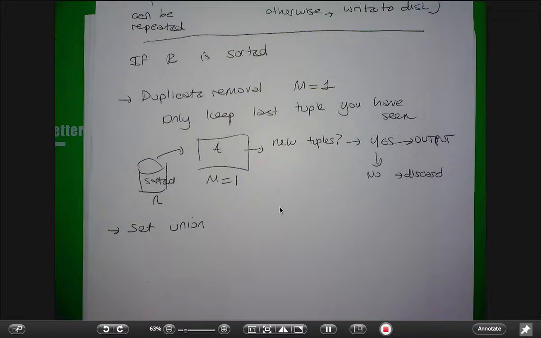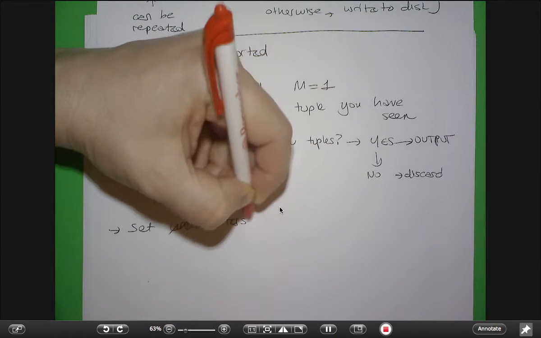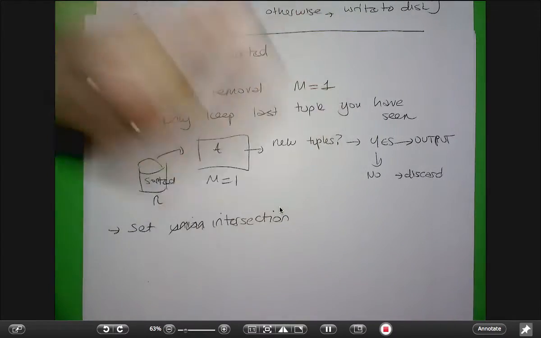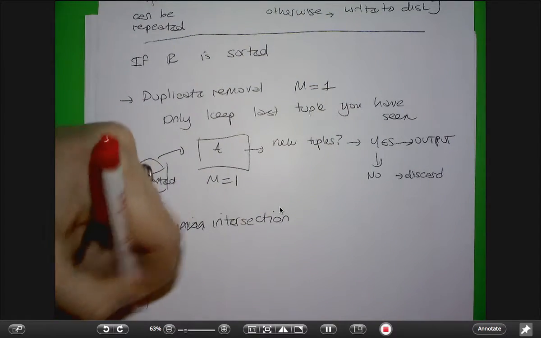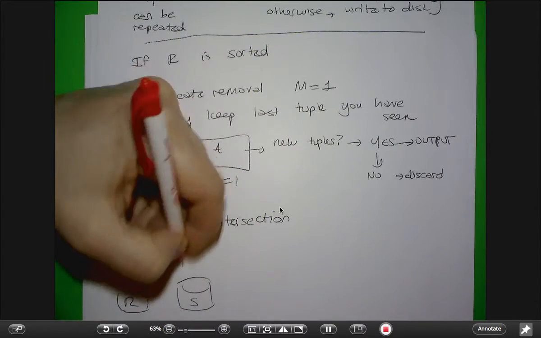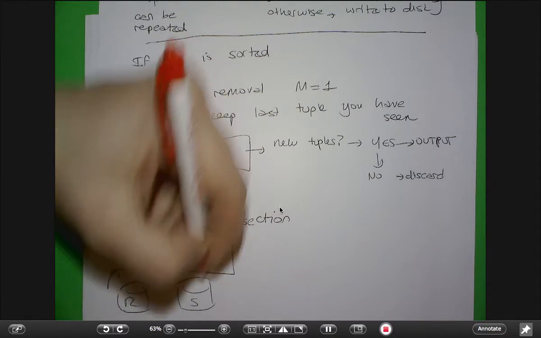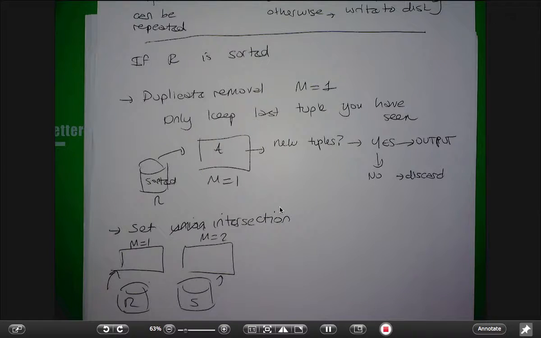Now the set union becomes, or let's say set intersection. Now this time, you need 2 blocks, one for R, one for S, and then you basically scan this until you find one in common and you output, right?